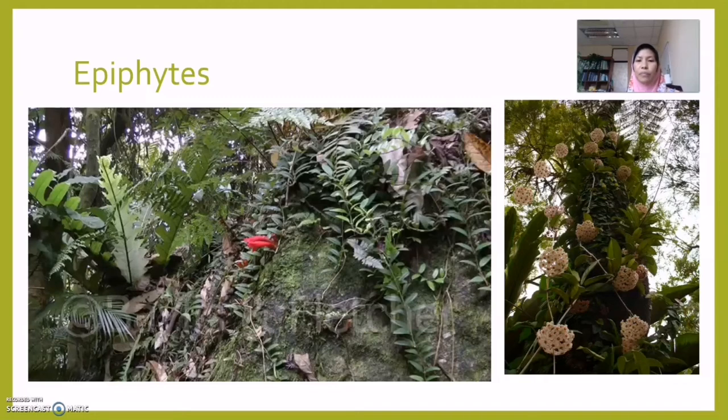And another one is a Hoya. Hoya is also an epiphyte, and you can find it climbing around tree trunks or branches, and they actually originate, usually the seedling will start off within the large branches of a tree.